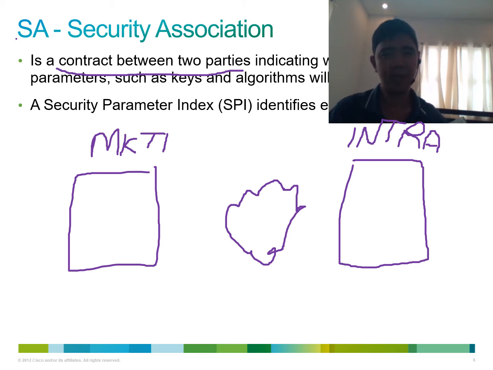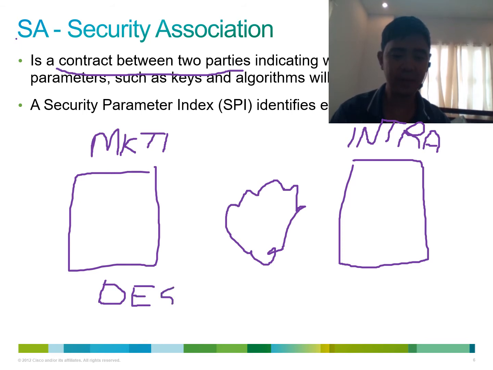That's what is in the agreement. For example, if I say the passing is 70%, you should know also that it is 70%. Same thing here in the security association. For example, what is agreed upon is that in the Makati branch, the encryption algorithm to be used is this one. So in Intra, it should be the same.